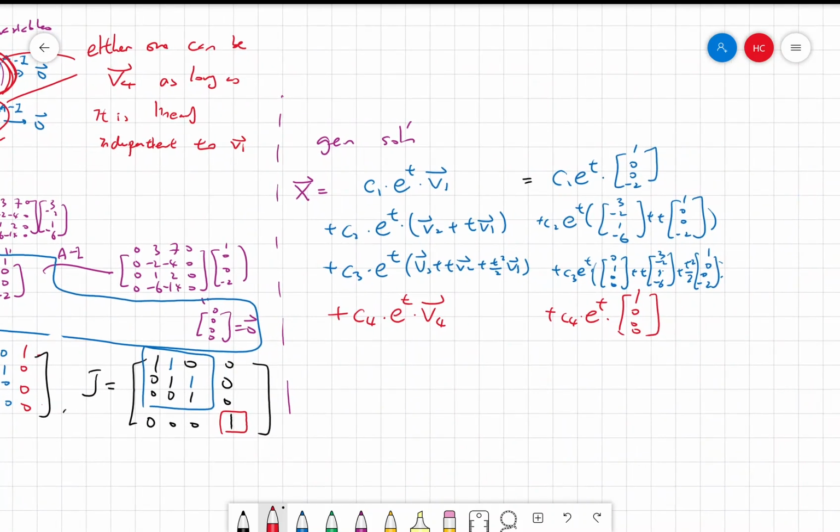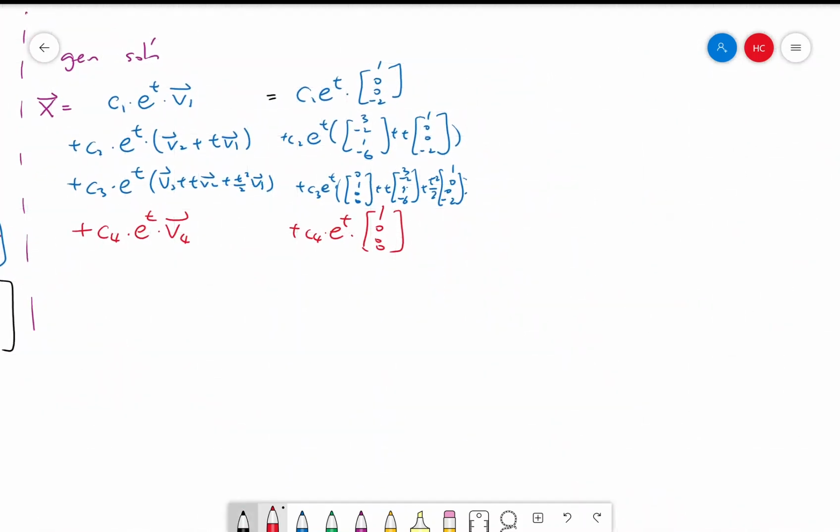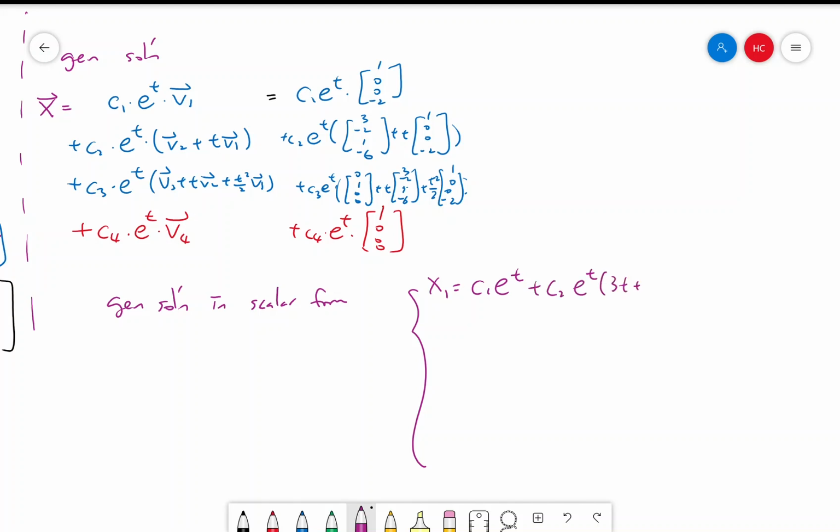Okay. If we have that, then the general solution in scalar form, you copy down the entries. So x1 is c1 e to the t plus c2 e to the t, 3 plus t, and plus c3 e to the t, 3t plus t squared over 2 plus c4 e to the t.